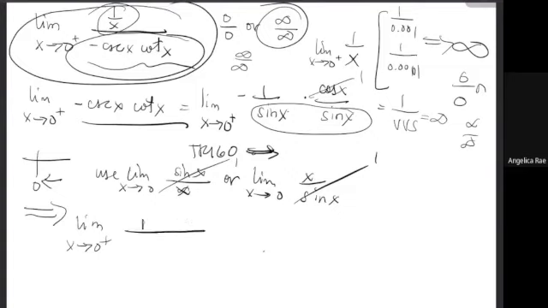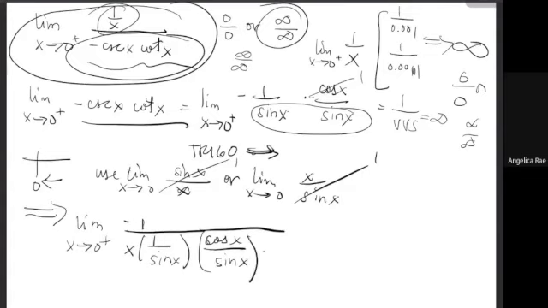Yung x nasa baba. Yung cosecant, so ilagay natin yung negative dyan, is 1 over sine of x. Tapos, meron tayong cotangent na cosine of x over sine. Okay? Ito class, that is already equal to 1.